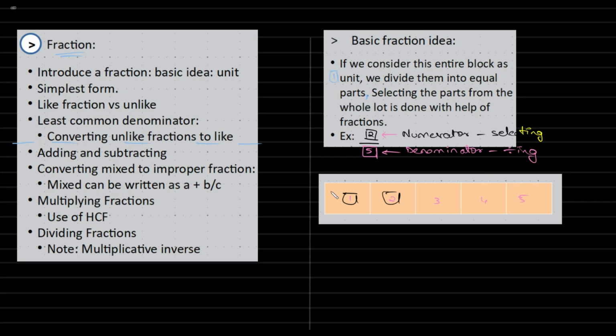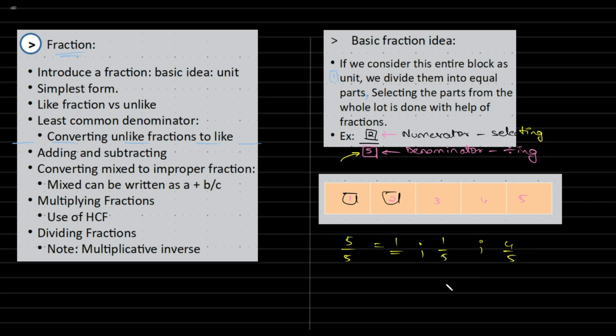A fraction represents how much we are selecting in a given unit which has been divided into this many parts. So a person might buy all the 5 plots out of 5. So 5 divided by 5 is 1. Right? It makes sense, is it not? He bought the entire unit. Some person might buy just 1 plot, some person might buy 4 plots.